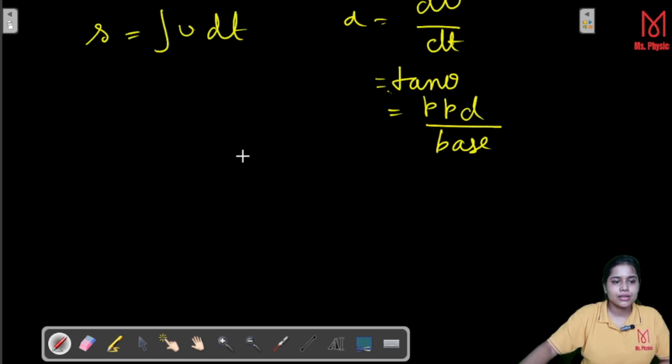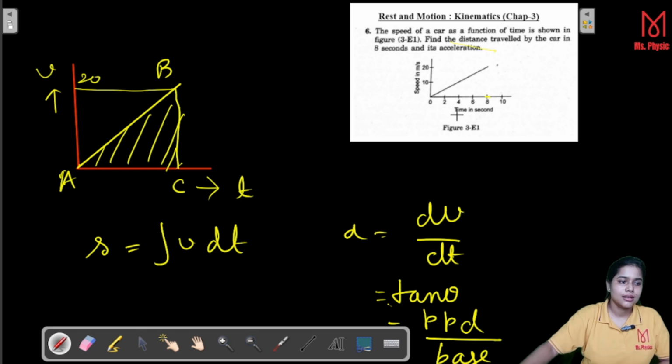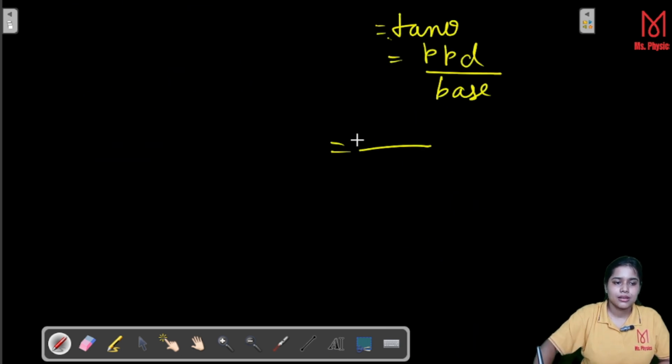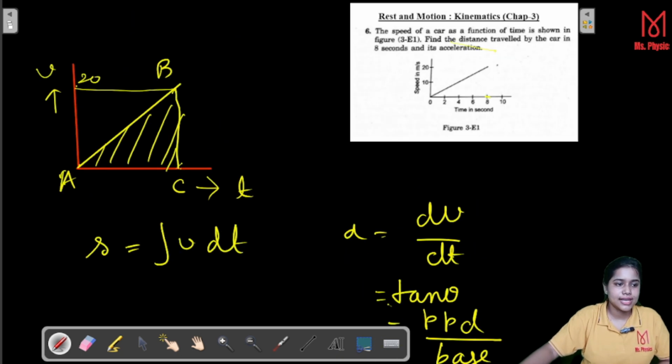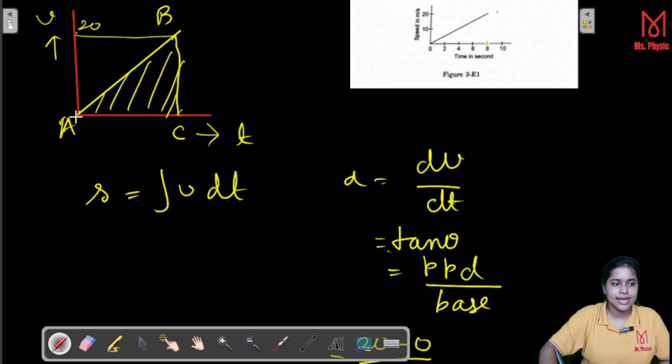So first we calculate a is equal to the perpendicular, meaning BC, right? BC means 20. The value of V is 20 here, and at C the value of V is 0. So obviously it should be 20 minus 0, and the base AC, what is the value here? 8.